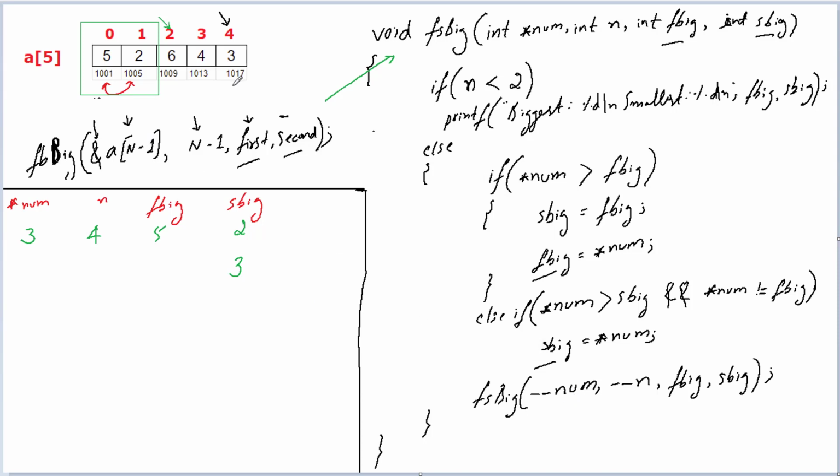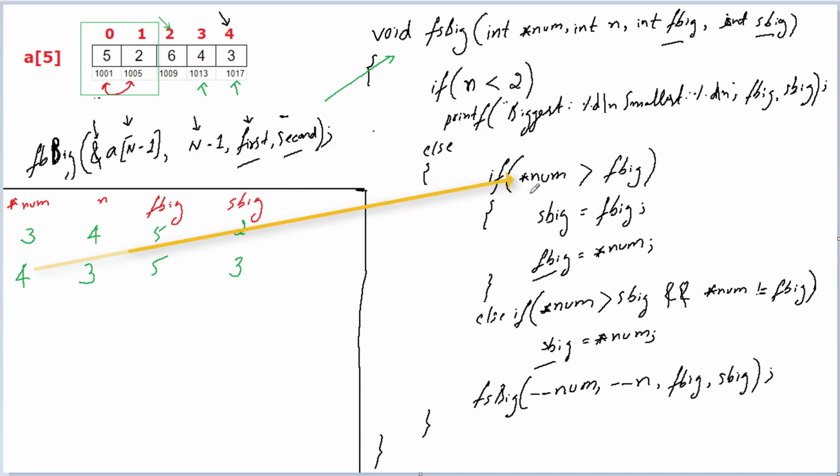Now let me reduce the value of num by 1. So initially it's here, now it points here. So the value is 4. Minus minus n is 4 minus 1, which is 3. Since this if block didn't get executed, the value of f big remains the same. Now the recursive call. So n is 3, 3 not less than 2.